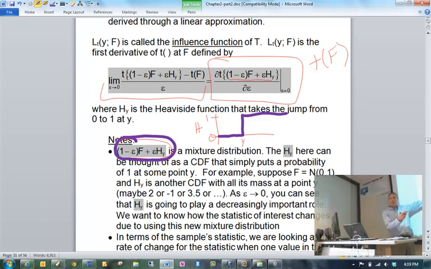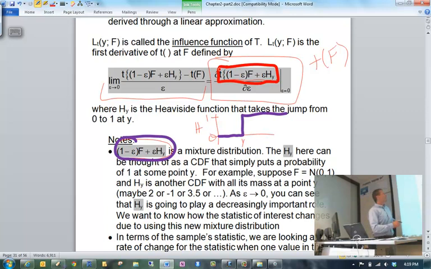What we're going to do is look at basically the rate of change of my statistical functional if I contaminate my distribution by this y. So this is going to be a function of y. This is what this is trying to represent. We'll look at an example shortly of how you actually calculate this stuff right here.